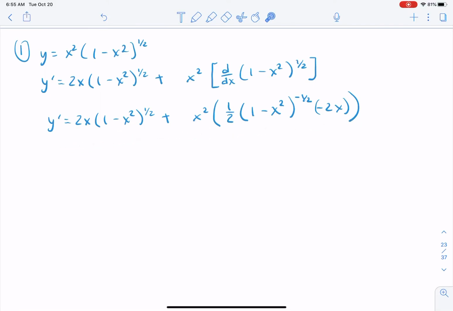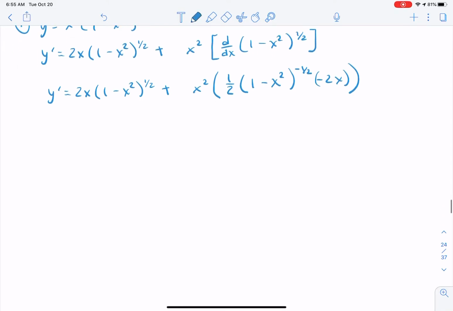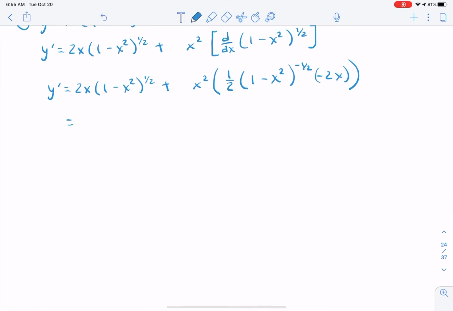Now, I am going to clean up this second term first by canceling this 1/2 with this 2 here, and then I'm going to multiply this x and this negative times this x squared on the outside here. So copy down this part first, it doesn't change, but this is going to be negative x to the third times 1 minus x squared to the negative 1/2.